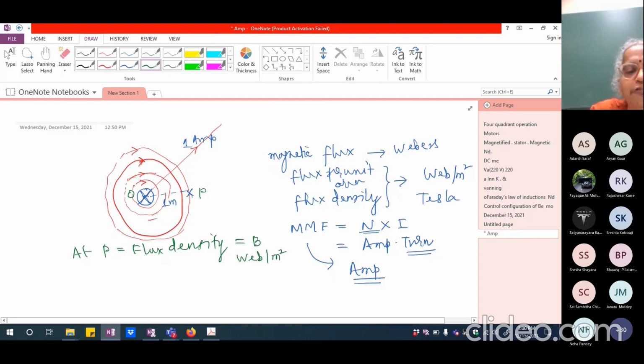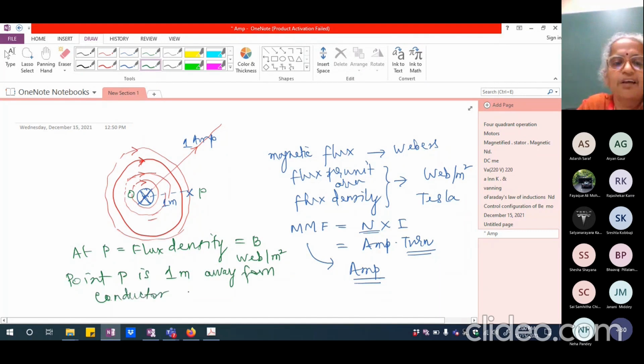Point P is 1 meter away from conductor O, and conductor O is carrying 1 ampere of current.